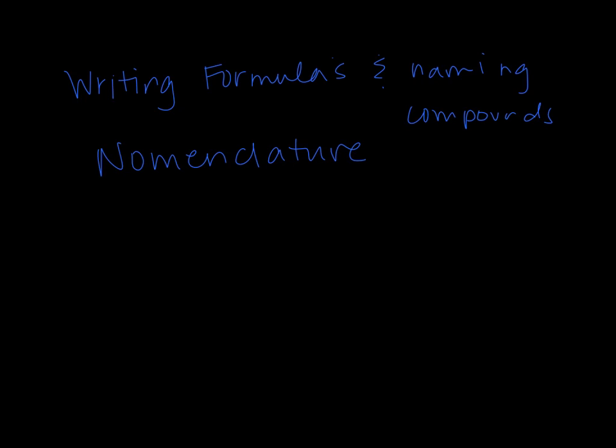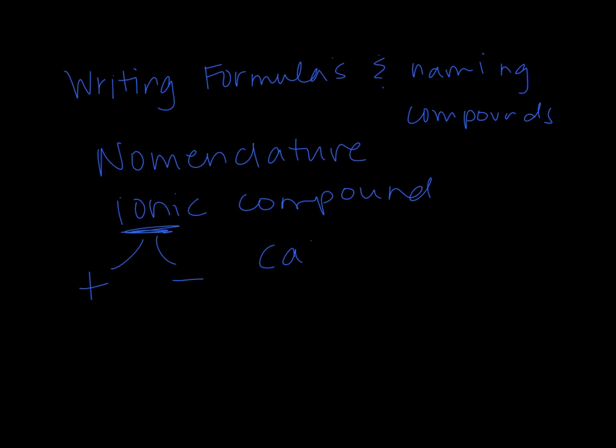So whenever you see an ionic compound, it has the word ion in it, and that's because it's a combination of a cation and an anion. So there's an attraction between the positive and the negative. And so the cation comes first. So we always have a cation, and then we have an anion. Just for your own knowledge, this is usually the metal, not always, but usually, and this is usually the nonmetal.